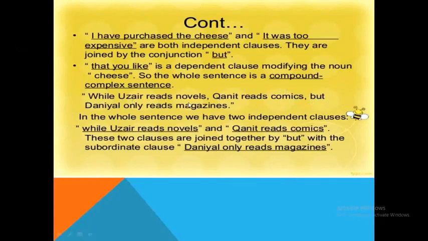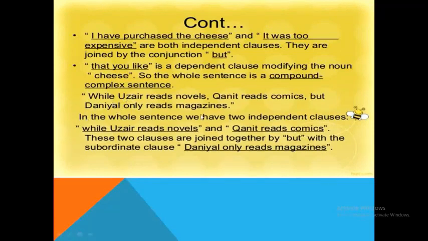"But Daniel only reads magazines": here the "but" is a coordinating conjunction, and it also suggests this clause is not an independent clause. It's a dependent clause because it is signifying that something has been discussed prior to this clause. So two independent clauses and one dependent clause make a compound complex sentence.